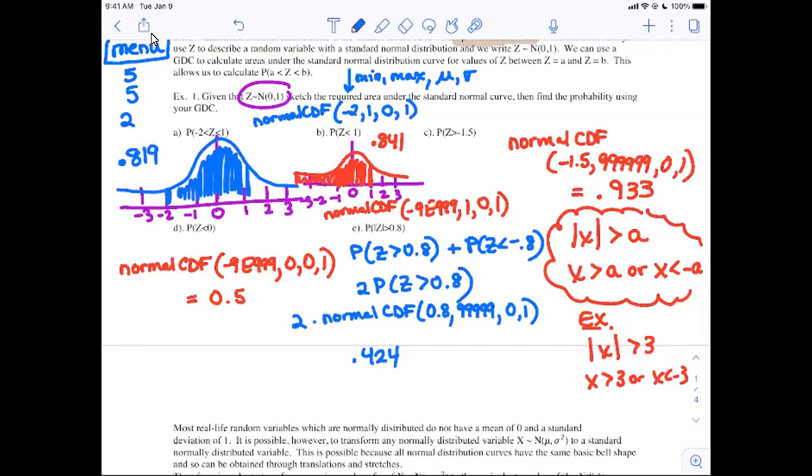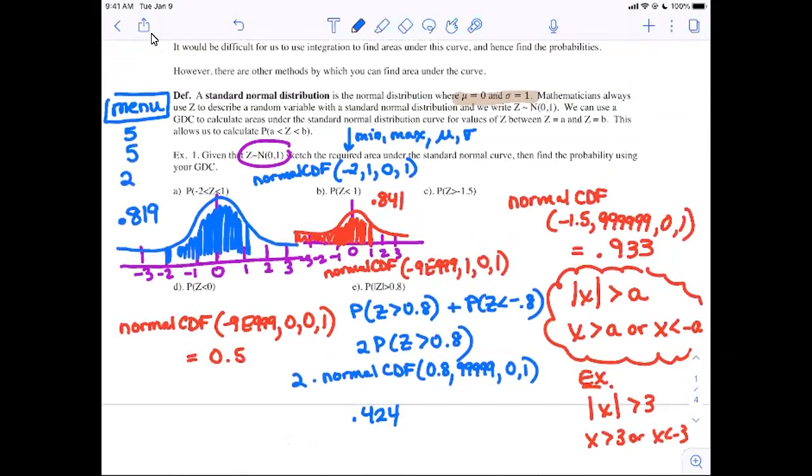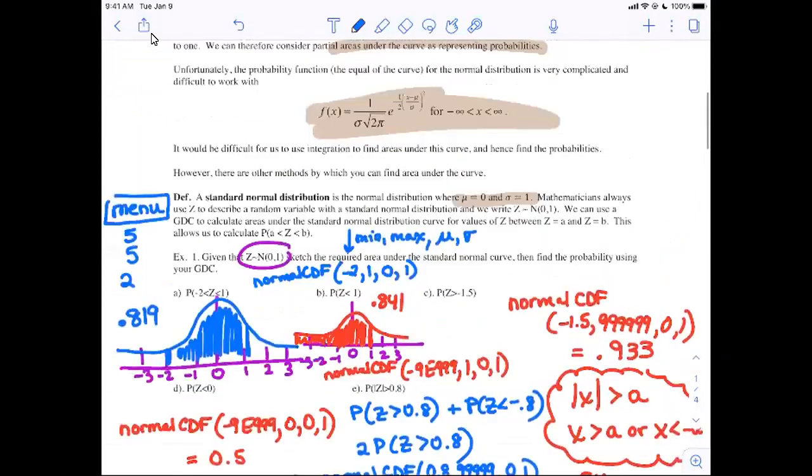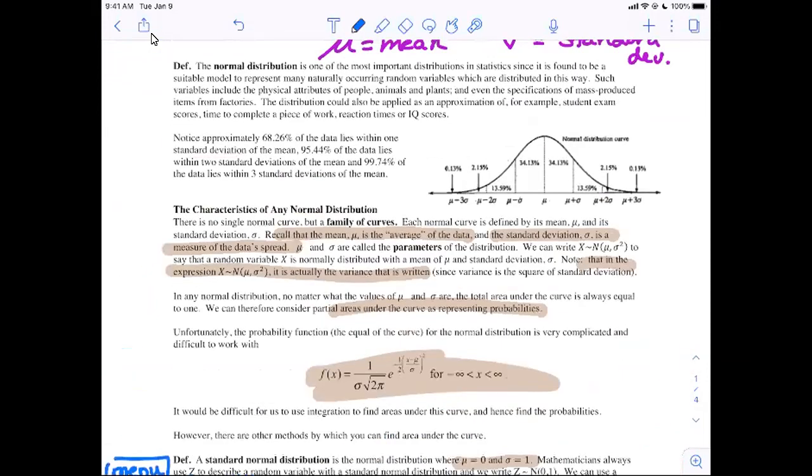All right, so let's pause here and just make sure we're conceptually understanding what's happening here. A normal distribution curve is the bell curve, okay? That is the bell curve. The mean is in the middle, and up to 3 standard deviations away, you'll have 99.744% of the data.